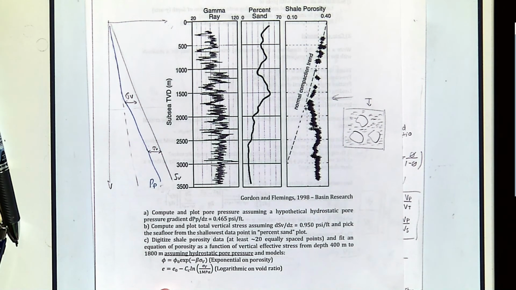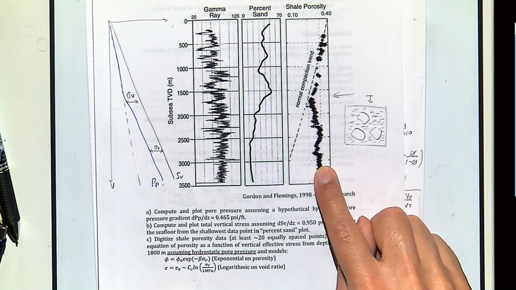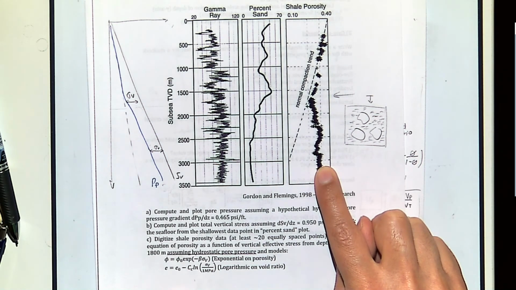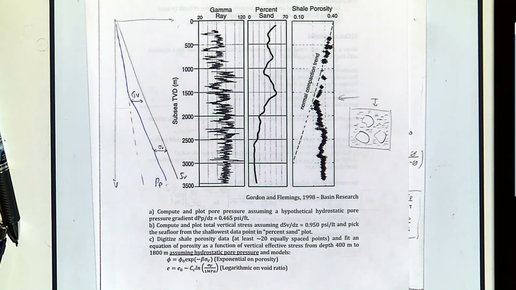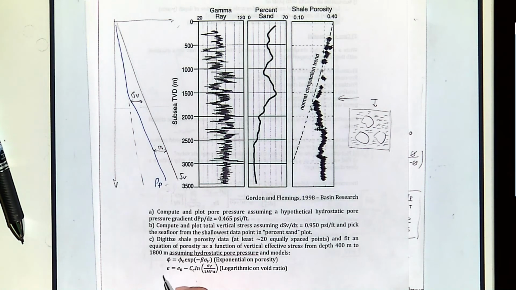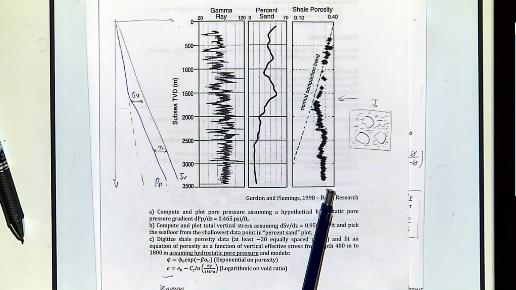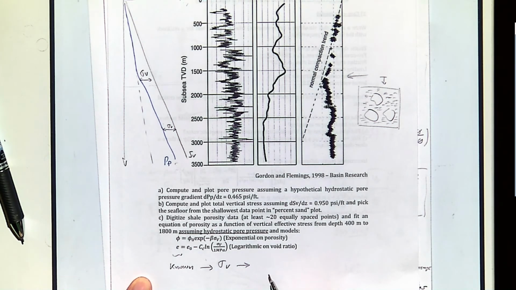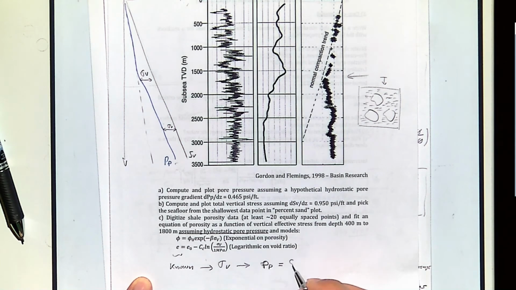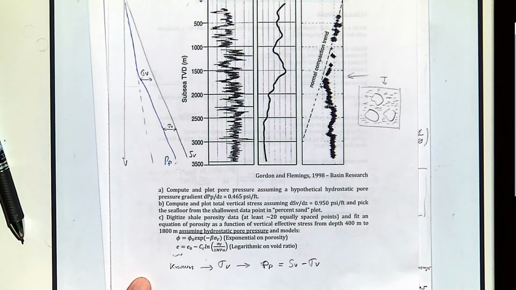And after that, using this porosity, you predict what the vertical effective stress is, because it is in your equation. So if this one is known, because it is measured over here, then you can tell what sigma v is. And if you know what sigma v is, and you know what SV is, then pore pressure is just going to be equal to SV minus sigma v.